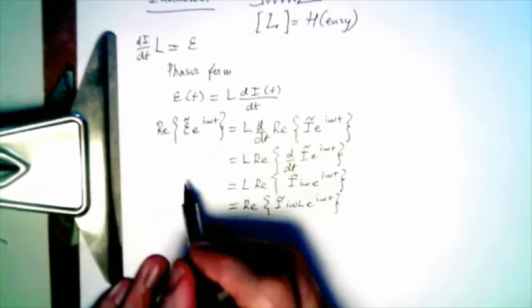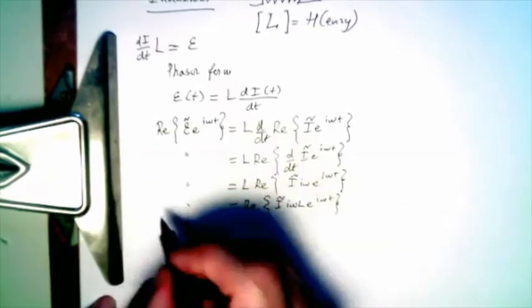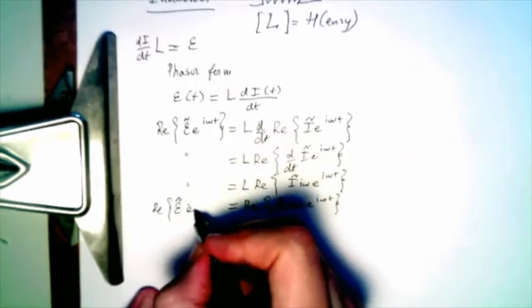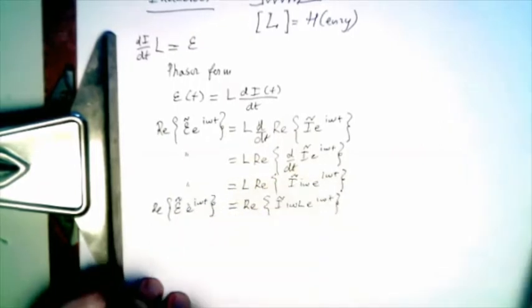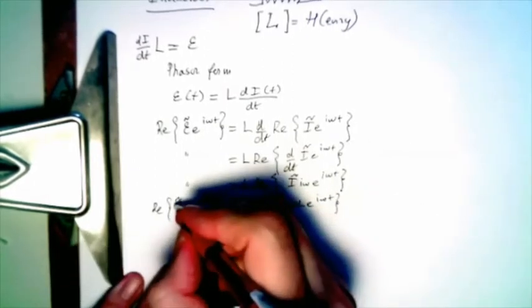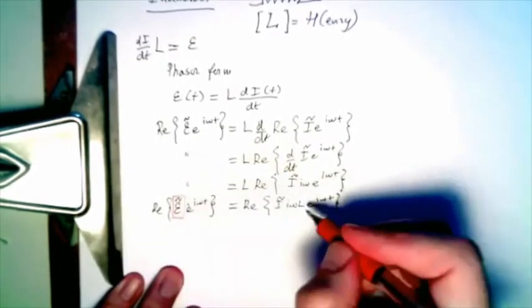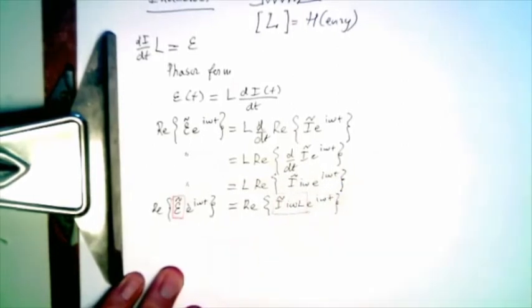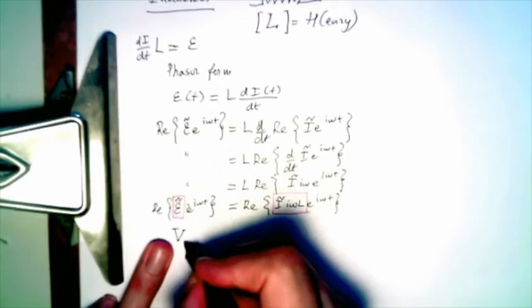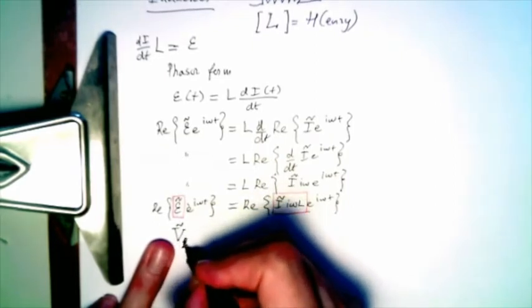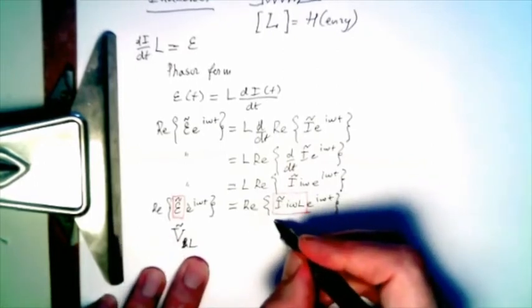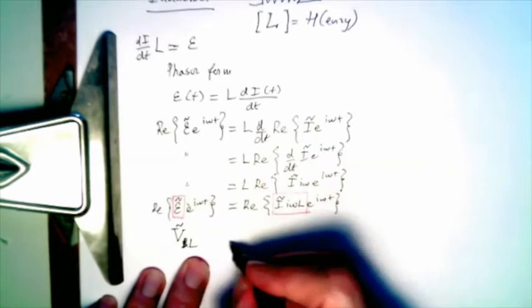And now this left-hand side is not changed, so the real part of the EMF phasor. The EMF phasor is this one. Now, the EMF phasor is just a voltage. So I'm going to take these two parts and rewrite them. I'm going to say this is the voltage phasor across the inductor, and this is the current phasor across the inductor.